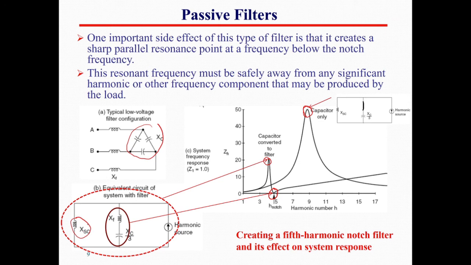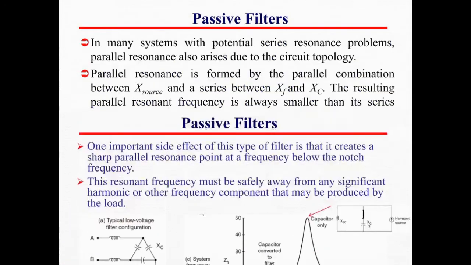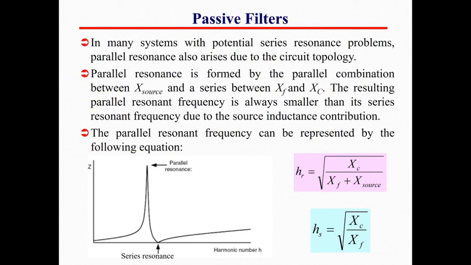So we need to add XS and XF together, both the filter inductance and the source inductance. Then the harmonic order will be given as the square root of XC divided by the summation of both reactances, for the source and for the filter.